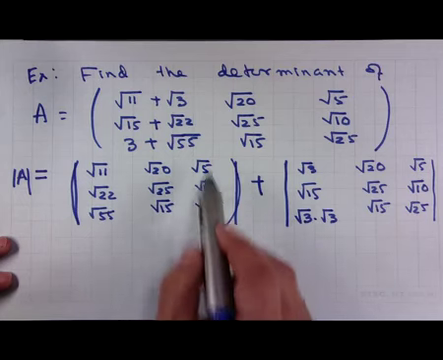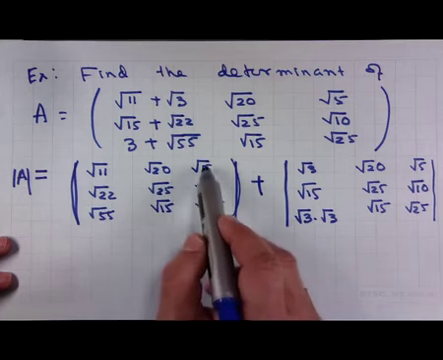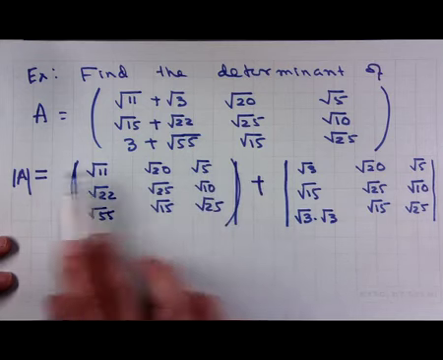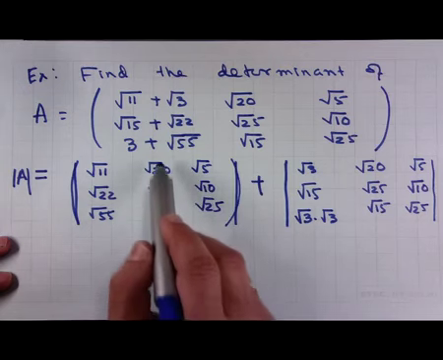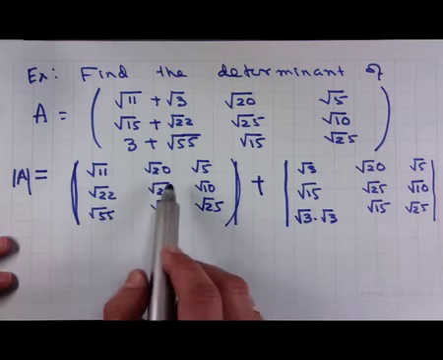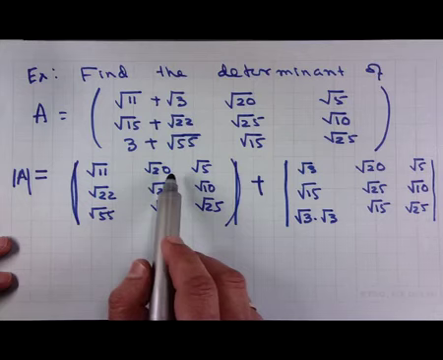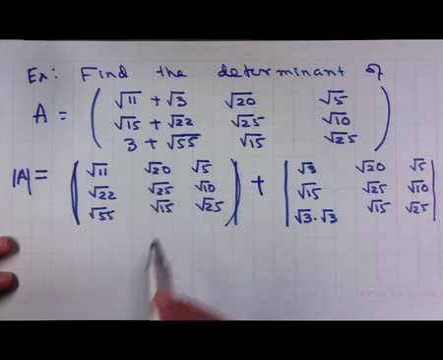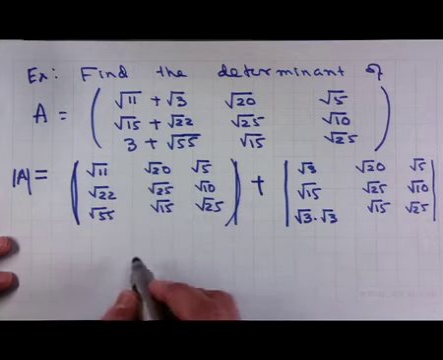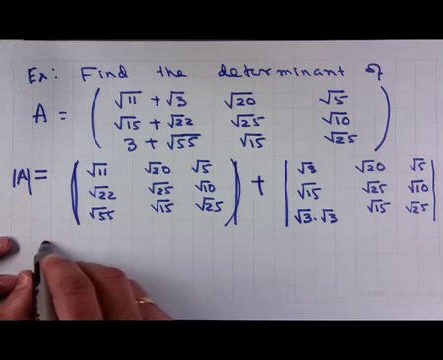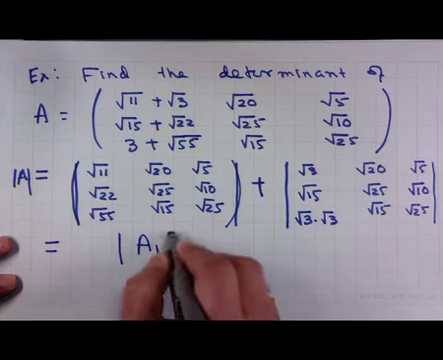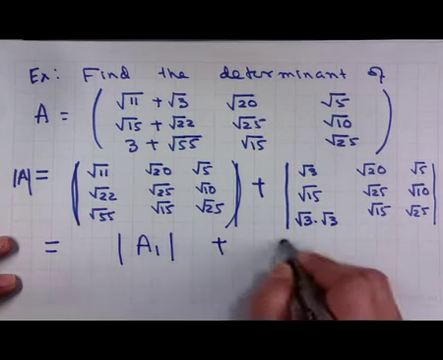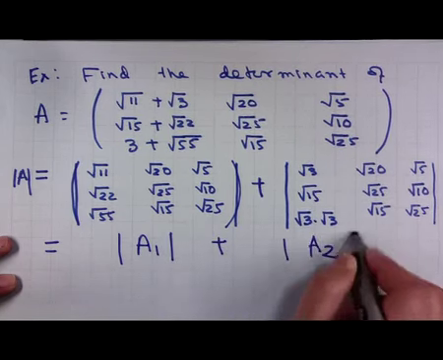Similarly, all these have root 5 common, therefore, I can take root 5 out of it, and similarly all of these have root 5 common and I can take root 5 out of it. So, to simplify the notation, let me write it as determinant of A1 plus determinant of A2.